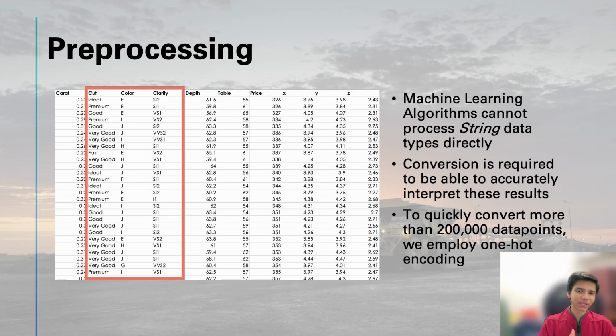These are all in string data type, and machine learning algorithms cannot directly process this. So we need to convert this into some sort of numeric data type. And to quickly convert over 200,000 data points, we chose to employ one-hot encoding, a specialized machine learning technique that works on converting string data type into something a machine learning algorithm can directly process.